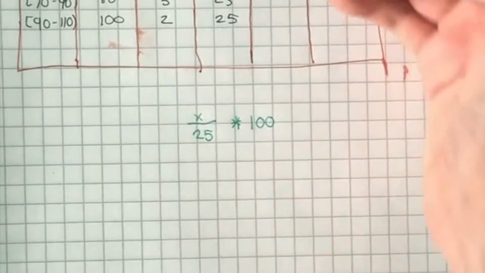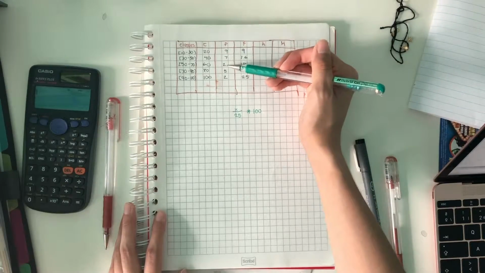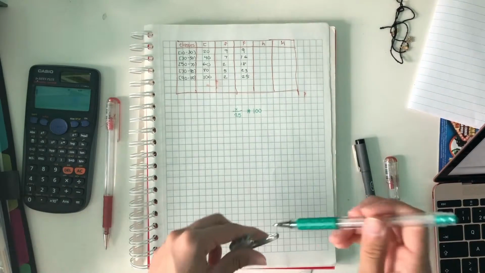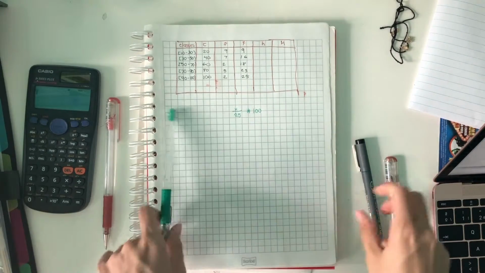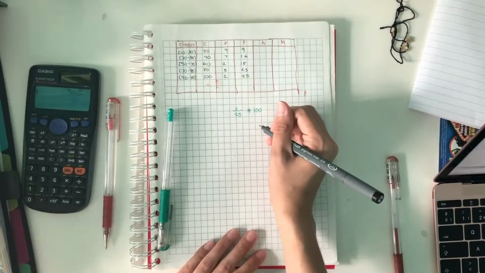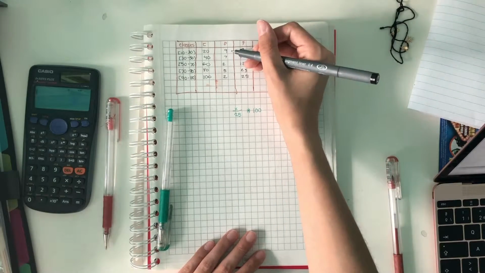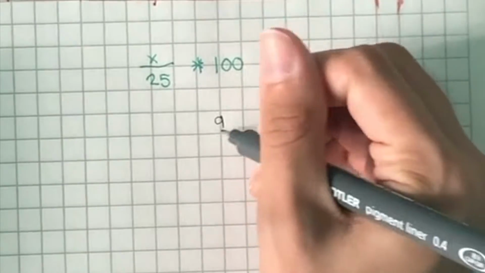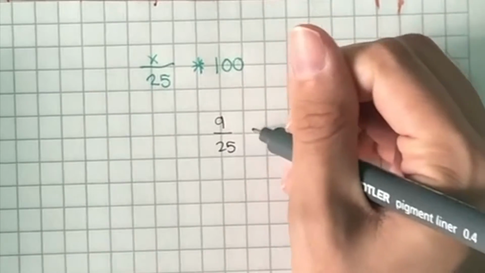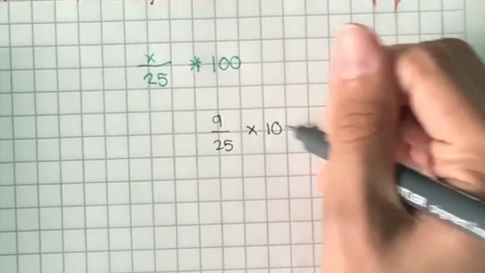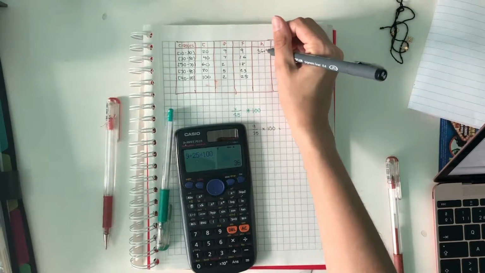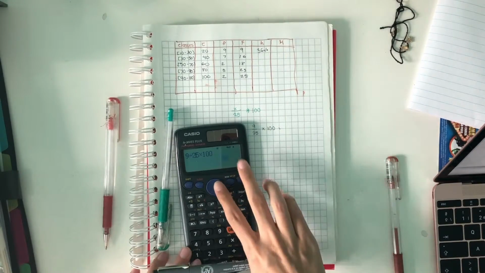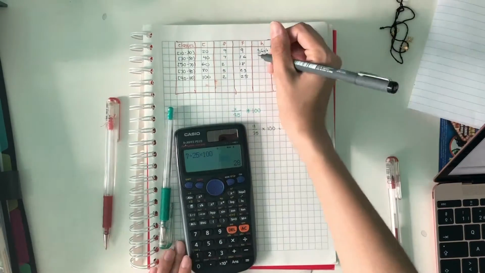And x will be the frequency we are using. So now, for our first number, 9 divided by 25 times 100 gives 36%. We do this for all of our numbers.